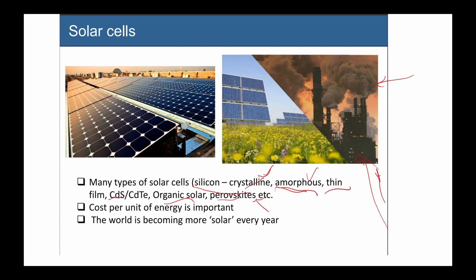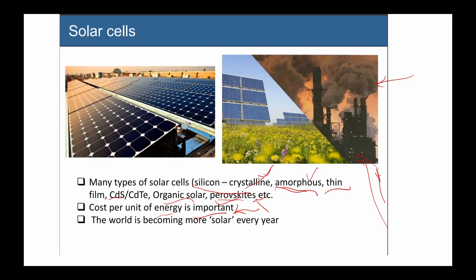Research is very much oriented towards perovskite solar cells, because there are very cost effective methods to fabricate these kinds of solar cells. Another important thing is the cost per unit of energy, which we will come to.